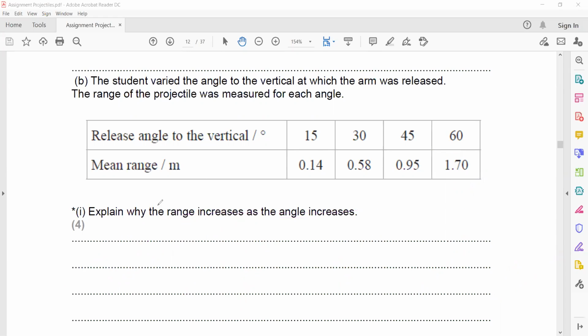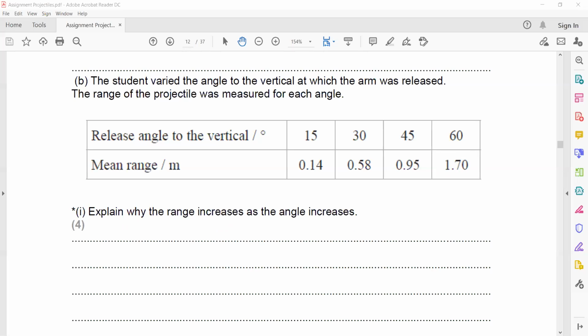So basically, explain why the range increases as the angle increases. As we are increasing the angle, we are storing a greater amount of energy. When the angle from vertical is greater, it means greater internal energy or elastic strain energy. So when we release, a greater amount of kinetic energy will be there, or the projectile will have a higher initial speed or launching speed.